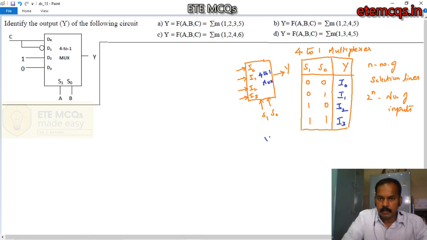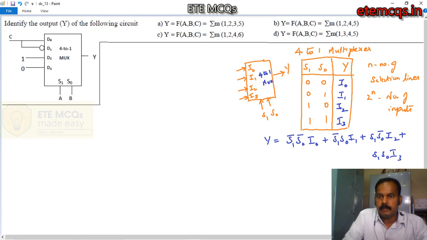For the first case, S1 is 0 and S0 is 0 and the output is I0, so the term is the product term S1 bar S0 bar I0, plus for the second term S1 bar S0 I1, plus S1 S0 bar I2, plus the last term S1 S0 I3.